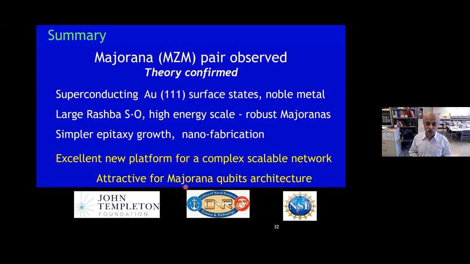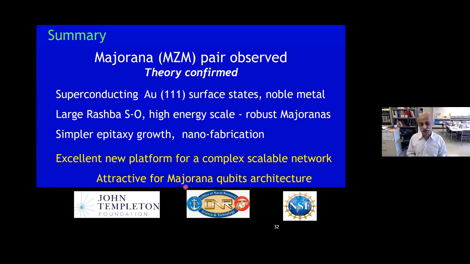The good thing about the gold system is that it has a very large Rashba spin-orbit splitting, which is 1,000 times bigger than what is out there in any of the semiconductor systems. And a nice thing also is that you can grow this gold epitaxially very easily on many of the metals. So that gives us lots of freedom to choose the layering we want.